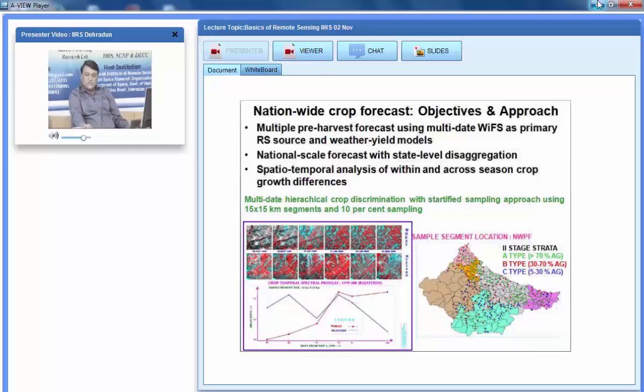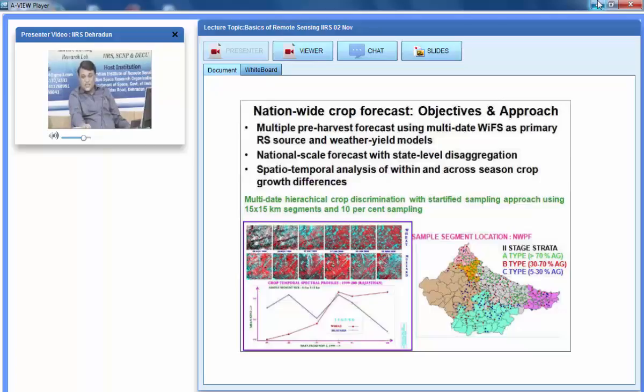So in all this area, mainly where the sample segment approach is used, this block you are seeing, A, B, C, these are the three types of coverage, 30 to 70% agriculture. These three strata are there.